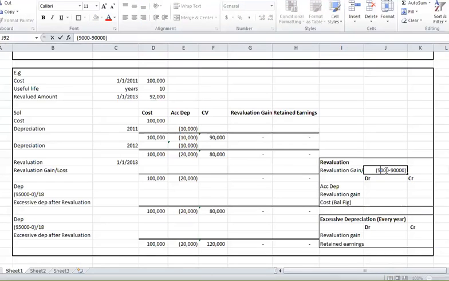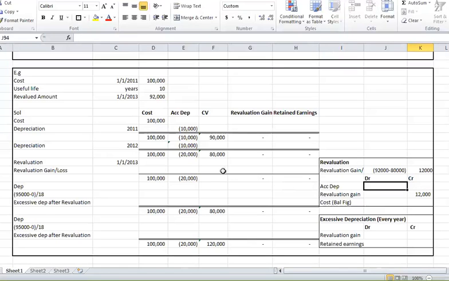Revalued amount is 92,000, carrying value is 80,000, so the difference is 12,000. Yes, there is a revaluation gain, so 12,000 pounds would be a credit entry.